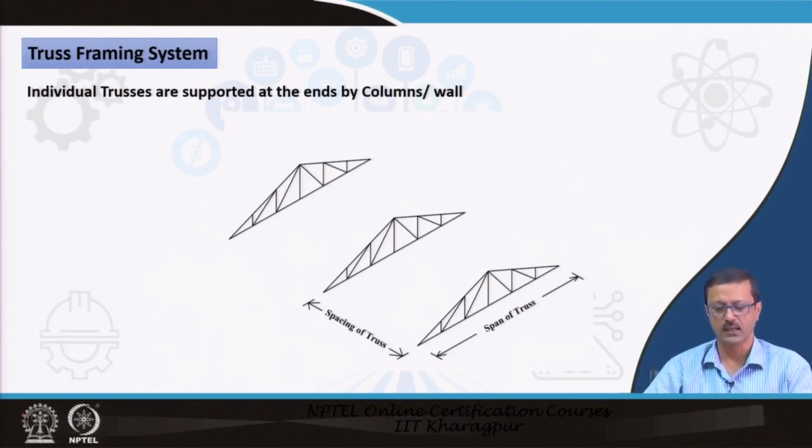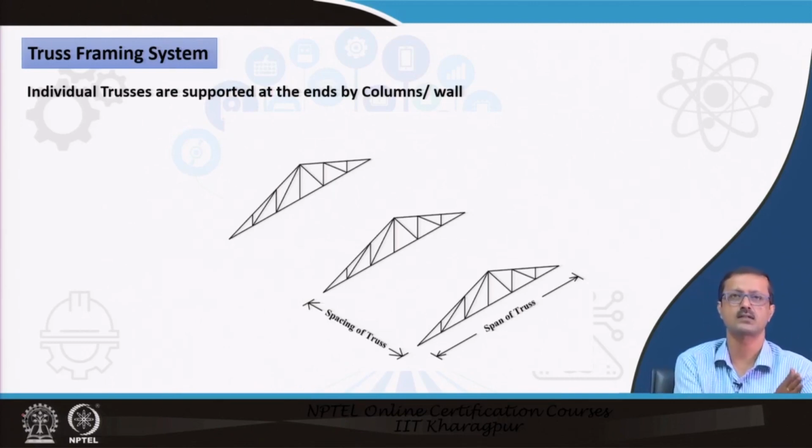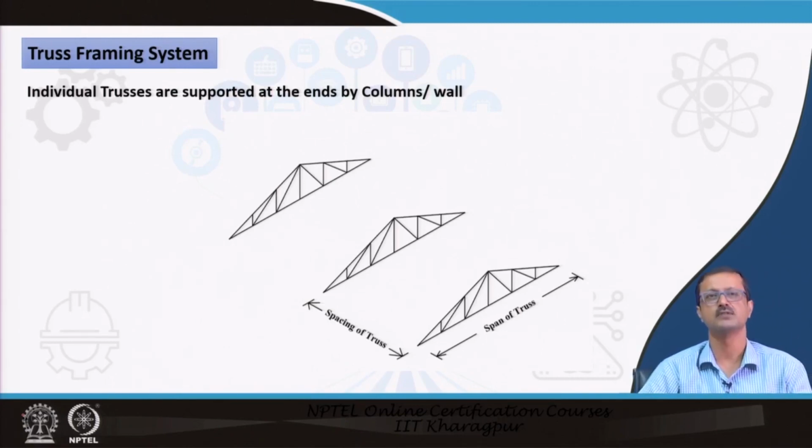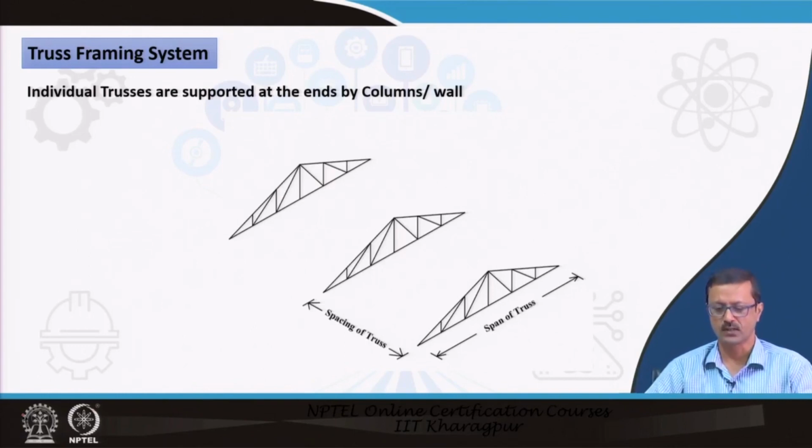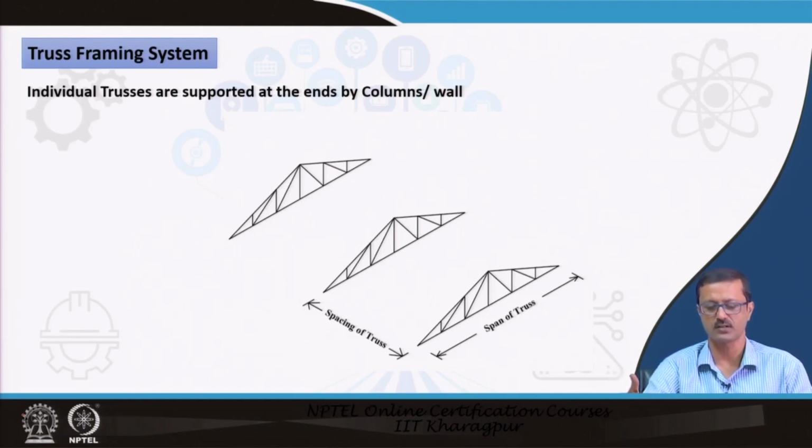In this figure, 3 trusses are placed at some separated distance. The separation distance between one truss and the next is called the spacing of the truss. The span of the truss, which you have already discussed, is the distance from one support to the other.